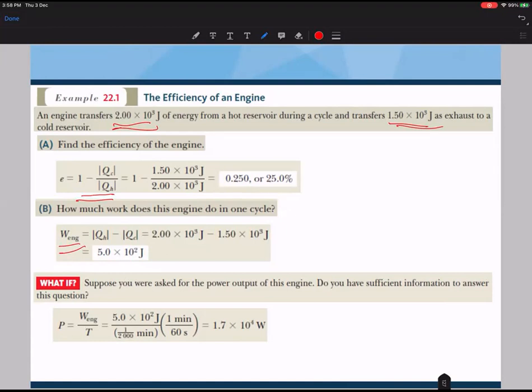Well, in fact, this question also highlights an even more common scenario of an engine, such as the case of a car. In the case of a car, you burn the petrol and you use it to heat up some cylinders in the engine. The heat energy is provided by the petrol and used to burn some gas in the cylinder of the engine.